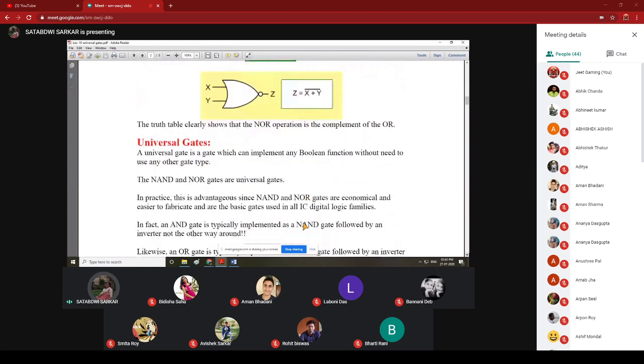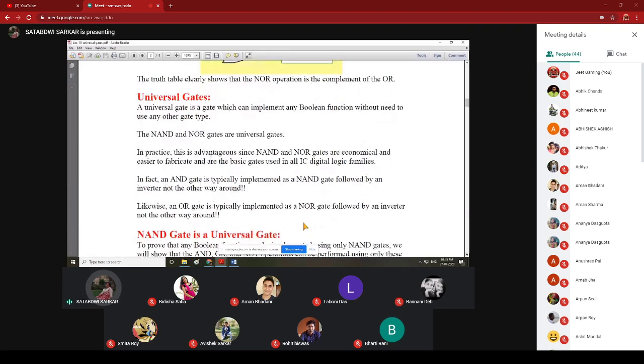Now the universal gates, NAND and NOR, as I told you before: a universal gate is a gate which can implement any Boolean function without the need to use any other gate type. So if you have a NAND gate, you can design any Boolean function using only NAND gates. Or if you have only NOR gates, then you can design different Boolean functions using only NOR gates.